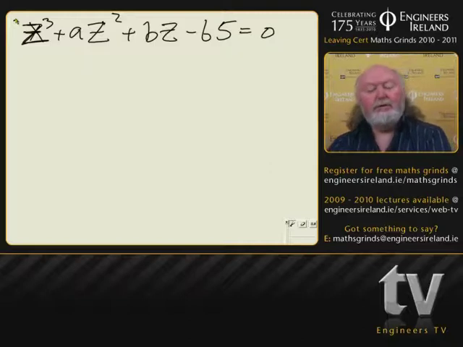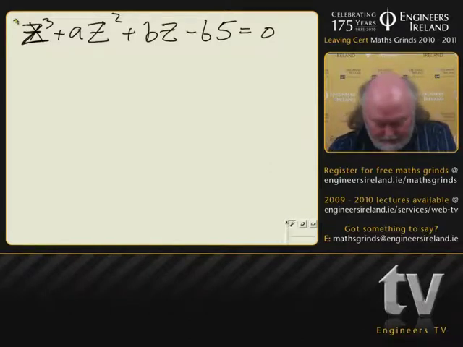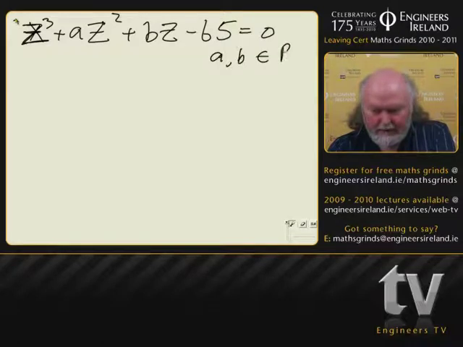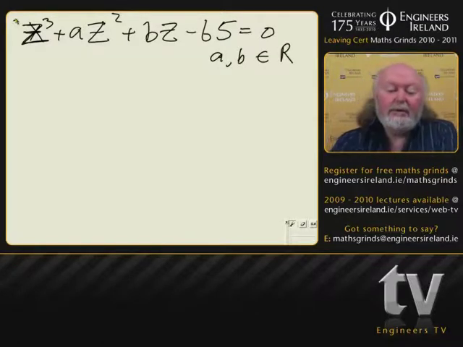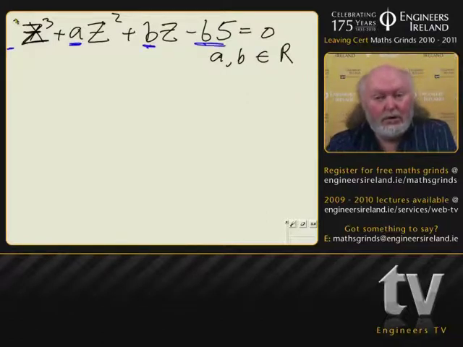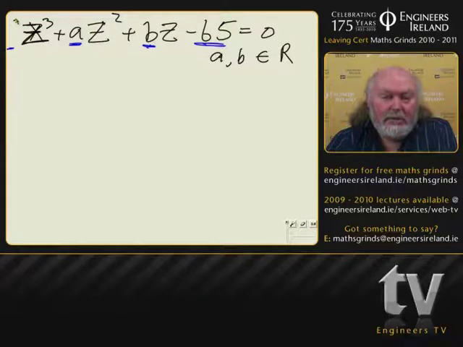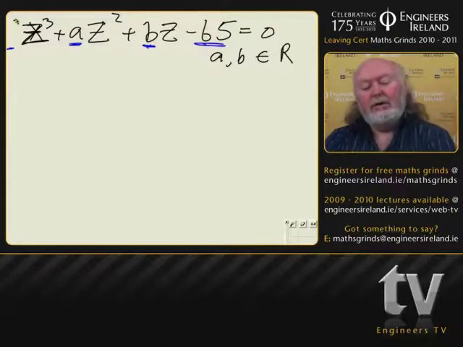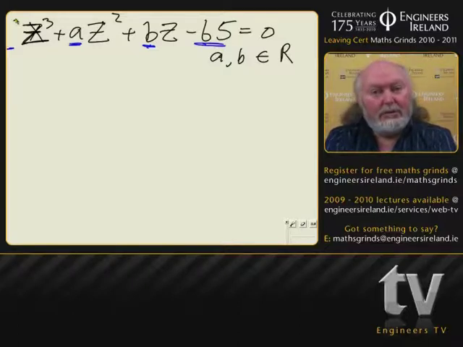We're trying to find the roots of this thing, and if we're told that a and b are elements of R, they're real, what we're now saying is that number, that number, that number, and that number are all real. We expect that there'll be two conjugate complex numbers that will be roots, and the third one will be a real root.